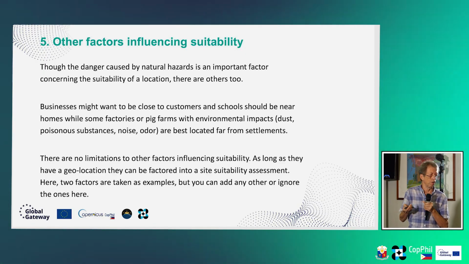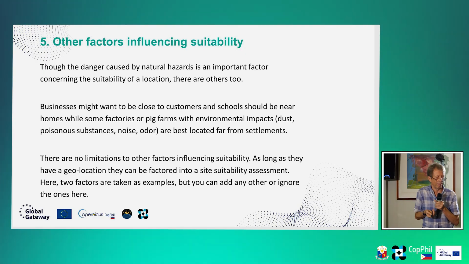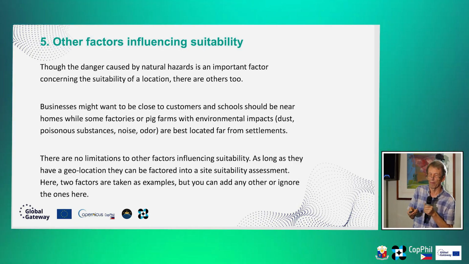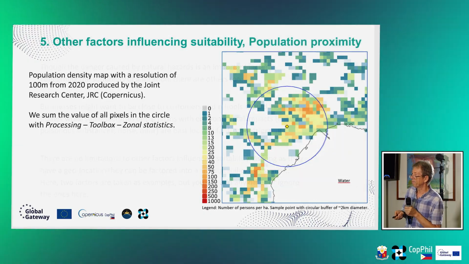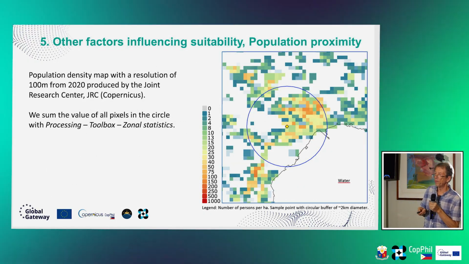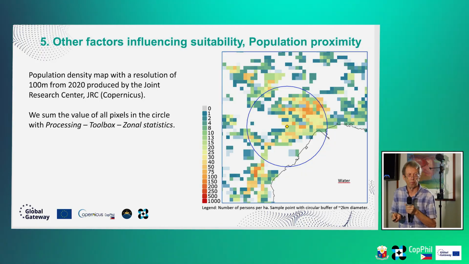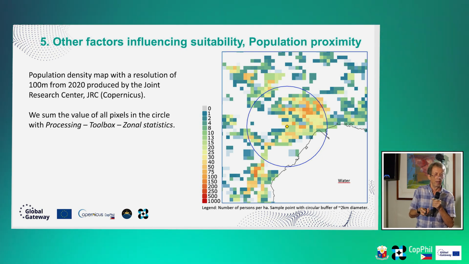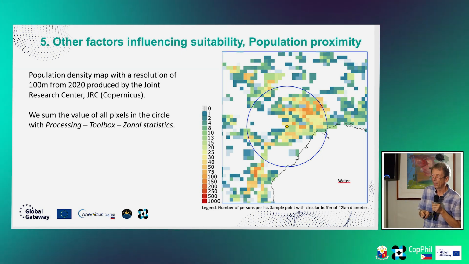So in some cases, you want to have a lot of people around you. In other circumstances, you don't want to have people around. So depending, right, how to do it. We take a population density map, which is coming again from Earth observation. So no, actually only partly.